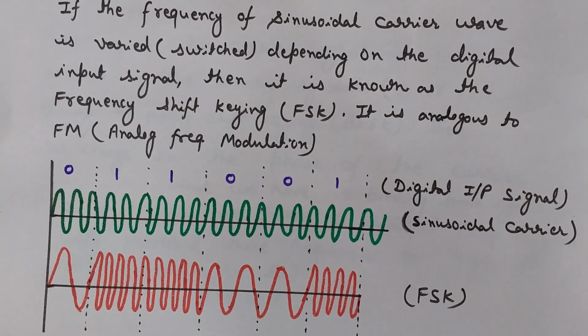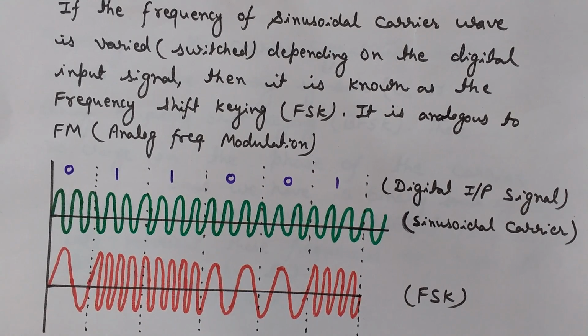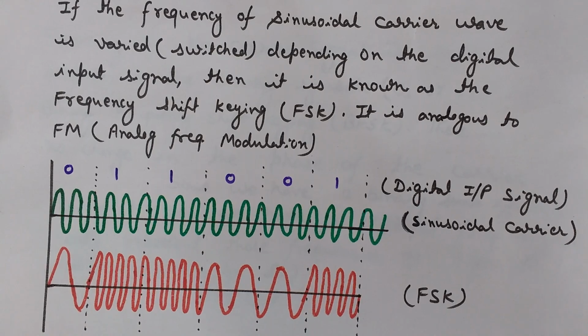But the difference is that in continuous wave modulation FM, the modulating signal is in analog form, but in the digital form, that is FSK, the modulating signal is digital input. And the carrier wave is analog in both of these cases, in continuous wave modulation and in digital modulation.